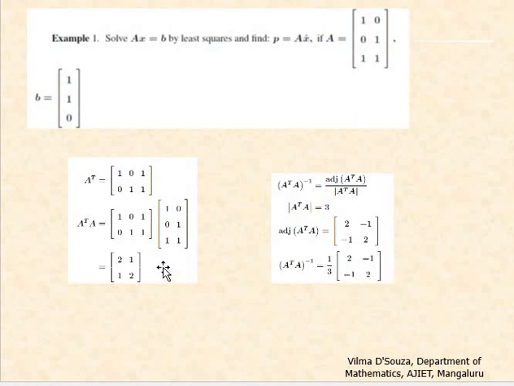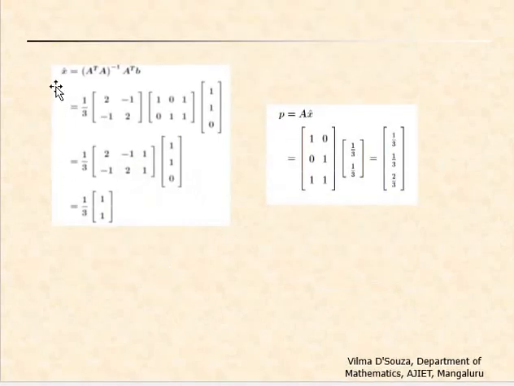So now what is x? x is equal to A transpose A inverse into A transpose B. You have found A transpose A inverse. What is A transpose A inverse? 1 by 3 into the matrix 2 minus 1 minus 1 2.